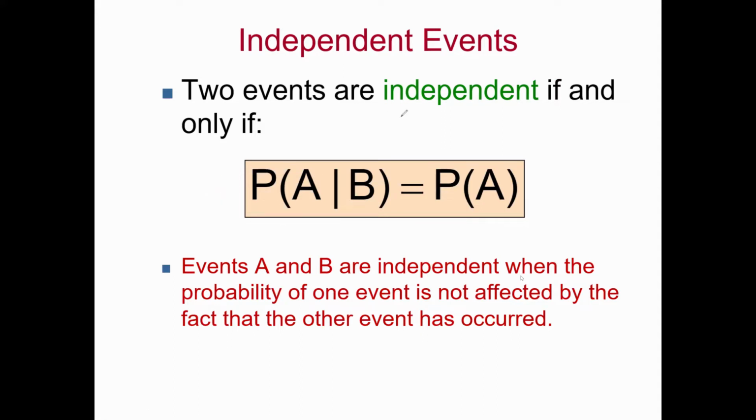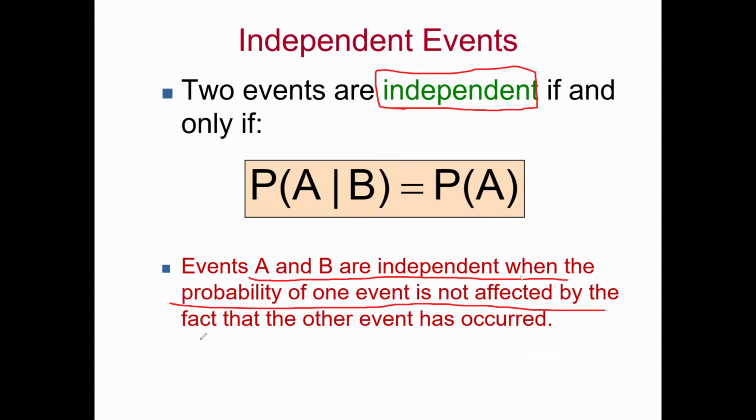When 2 events are independent, we are defining another scenario. We have defined what is meant by mutually exclusive and collectively exhaustive, and now 2 events can be independent when the conditional probability of A given B has occurred is equal to probability of A. That means the events A and B are independent when the probability of one event is not affected by the fact that the other event has occurred.